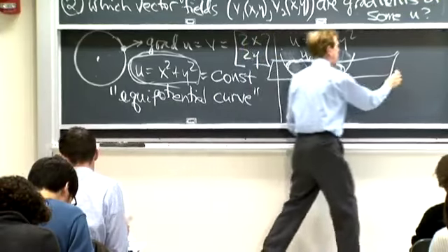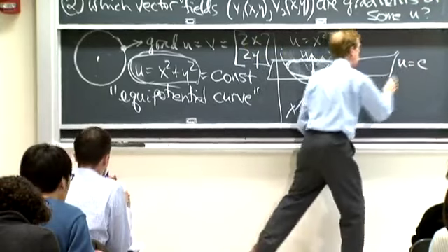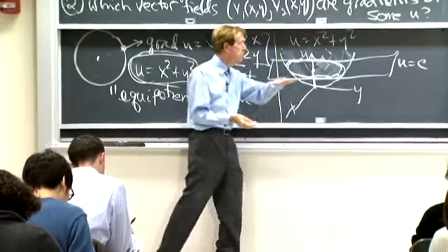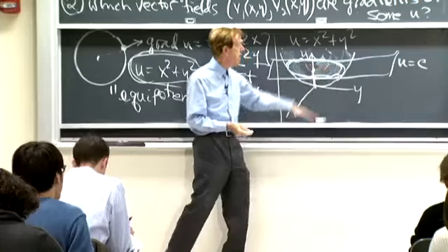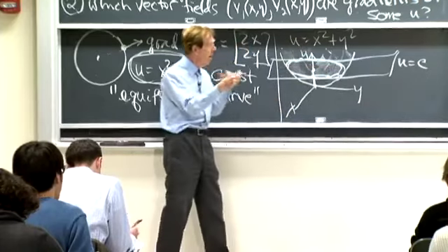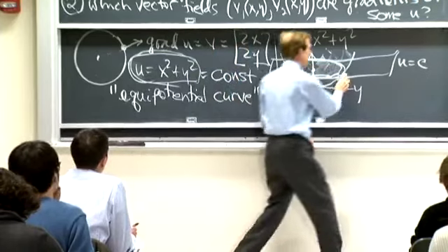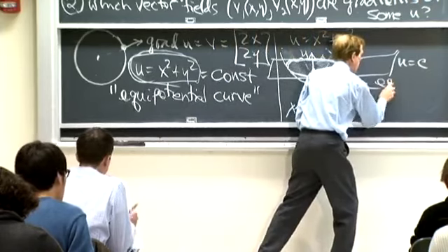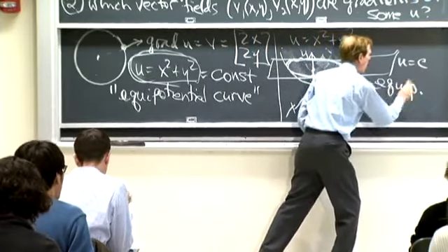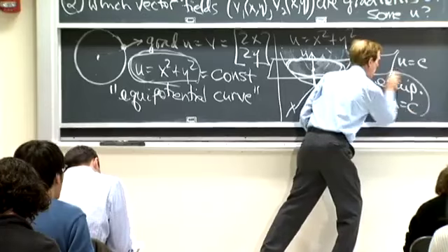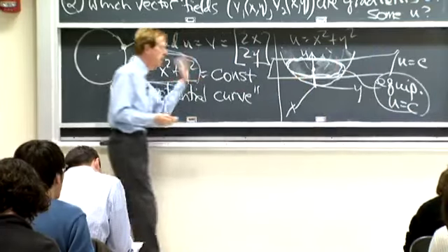This is height u equal constant. So I'm really intersecting one surface, the plane u equal constant, with the bowl, and the intersection of those two is the equipotential, the curve, u equals c, right? Do you see the two pictures?